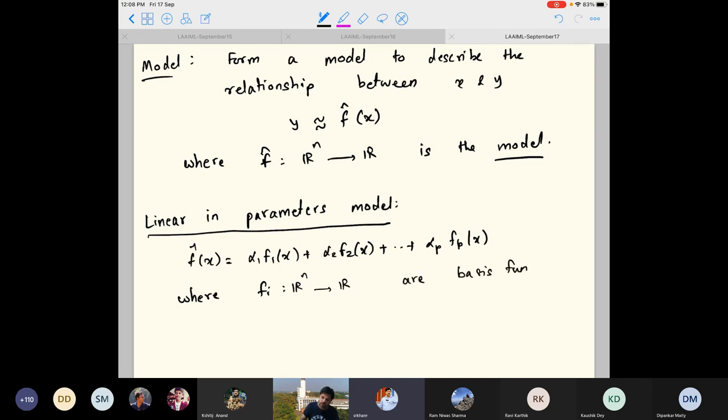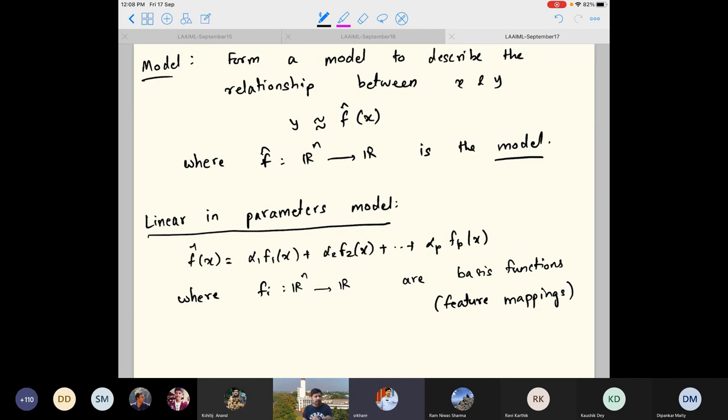Basis functions, in the language of mathematics, are sometimes also called feature mappings. What is really happening here is that I am expressing my model f hat as a linear combination of functions f1, f2, fp, and these basis functions are something that I choose.